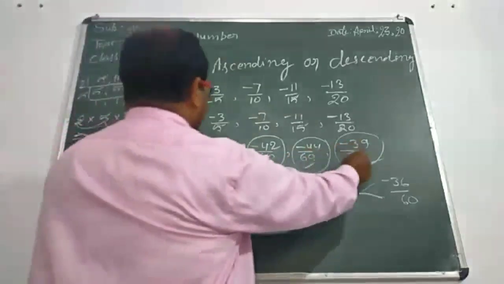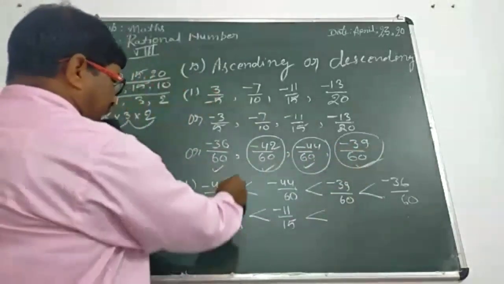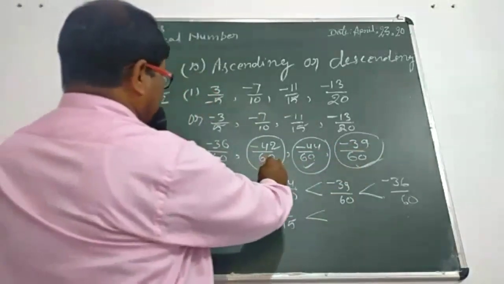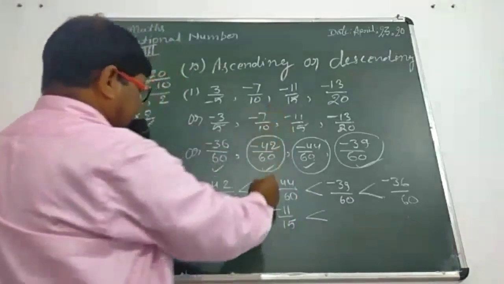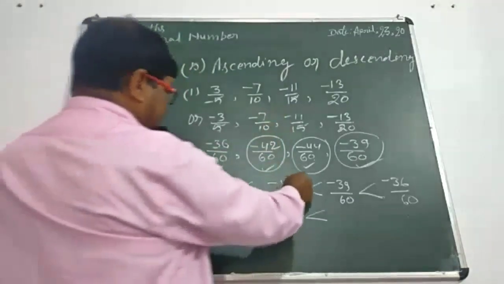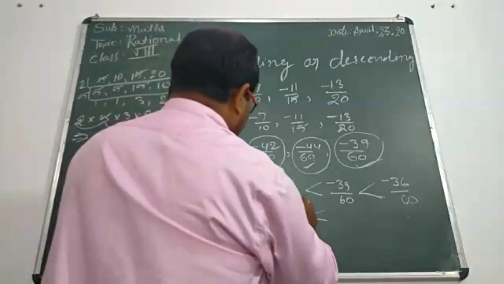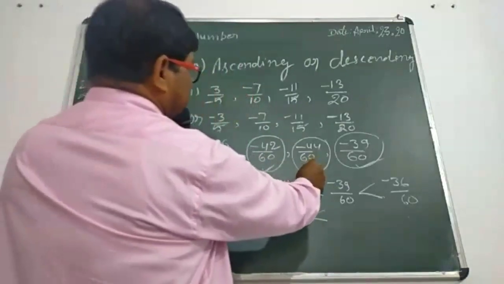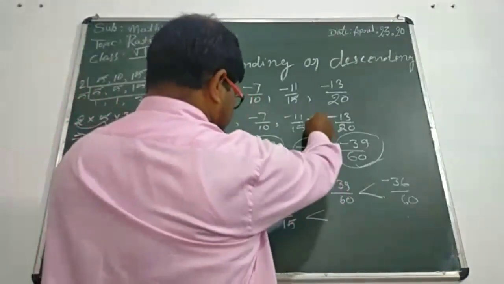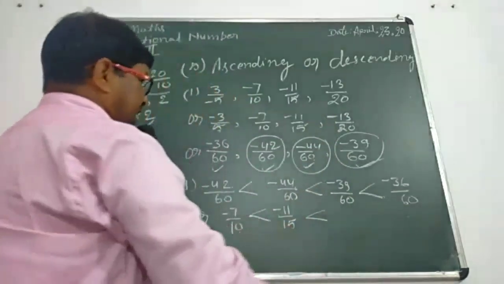Minus 44 upon 60 is the equivalent fraction of minus 11 upon 15, right?